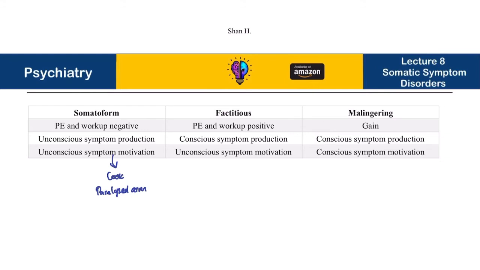The person doesn't know that he or she is producing the symptoms, but the brain is producing those symptoms, and there is unconscious motivation. In factitious disorder, there's obviously going to be something wrong in the physical examination and workup because they are consciously producing that, but they don't know why they're doing it. They just know they need some gain. Malingering, it's for gain. They are making up symptoms, and the motivation is also made up. They're usually looking for drugs.